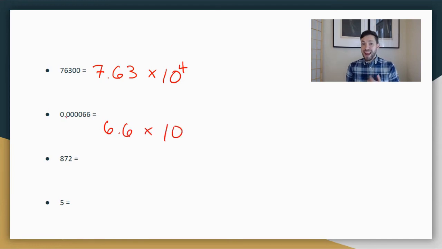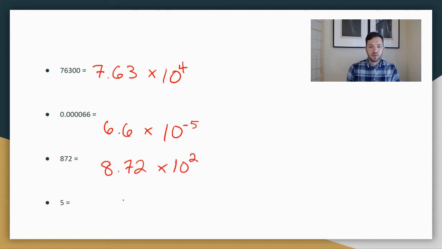Now this is going to be a negative exponent, because we're moving it the other direction. 1, 2, 3, 4, 5. And yes, I have a degree in physics, and I've been teaching physics for 6 years, and I still have to individually count. So it's fine. You're doing fine. 872, our leading number becomes 8.72. We've moved this 2 decimal places, so it looks like that.